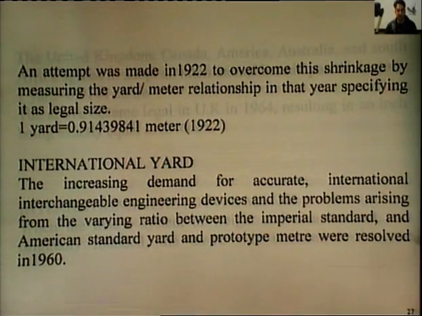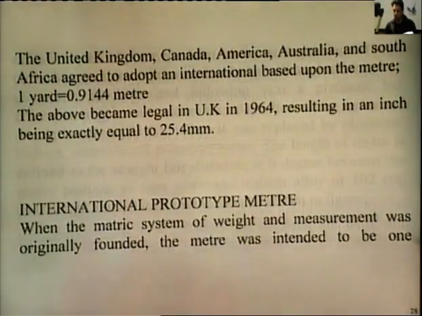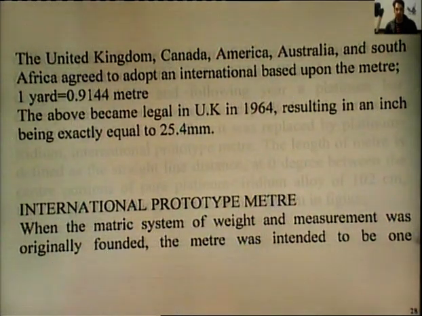So next is our international yard. The increasing demand for accurate international interchangeable engineering devices, and the problems arising from the varying ratio between the imperial standard, the American standard yard and the prototype meter, was resolved in 1960. The United Kingdom, Canada, America, Australia and South Africa agreed to adopt an international yard based upon the meter.